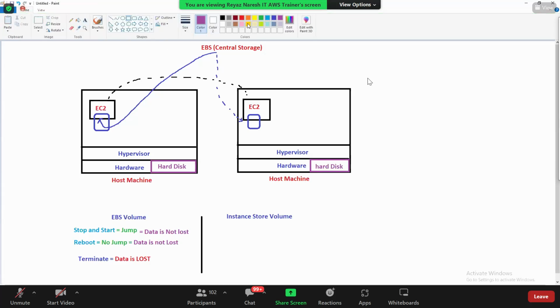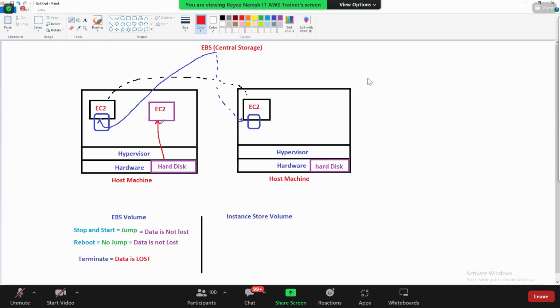Now I went and launched the EC2 instance here. This time, which volume will I be using? Instance store volume. Whenever I'm using an instance store volume, a local disk will be attached to the EC2 instance.